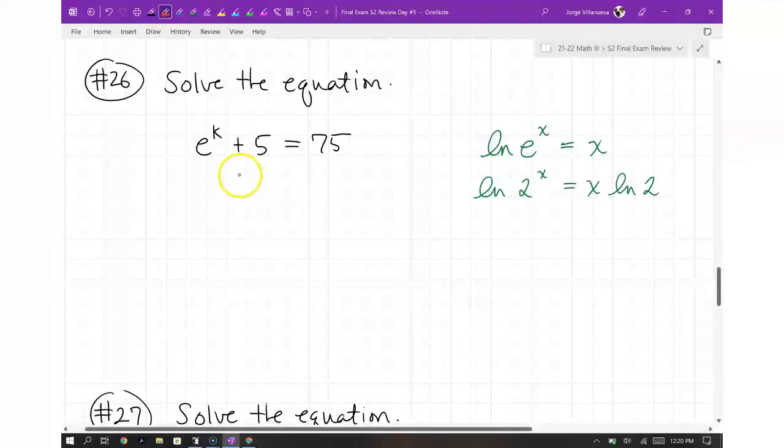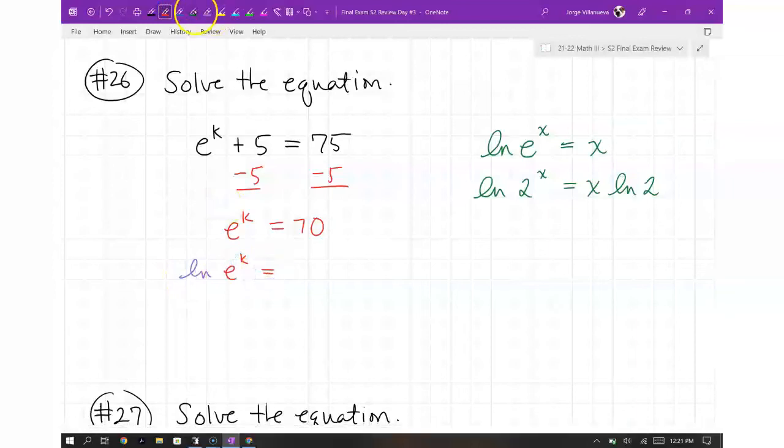So those are two little properties for you guys to know. So if I subtract 5 on both sides, I get e to the k equals 70. So I'm going to introduce natural log on both sides. So ln of e to the k equals ln of 70. Okay, so on the left side, what's left?